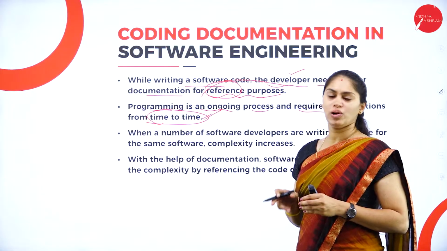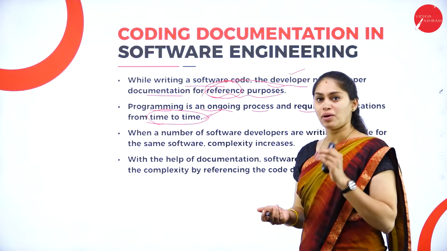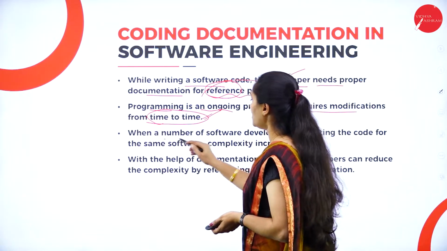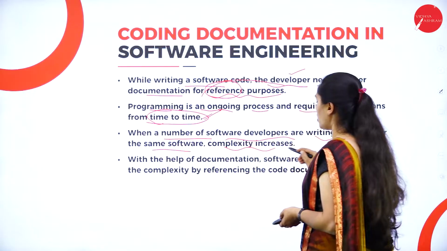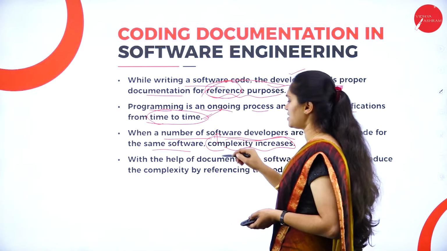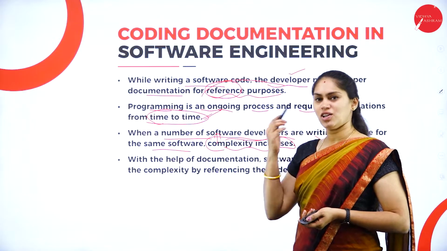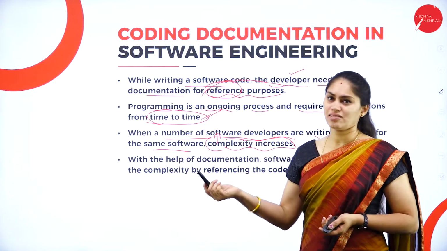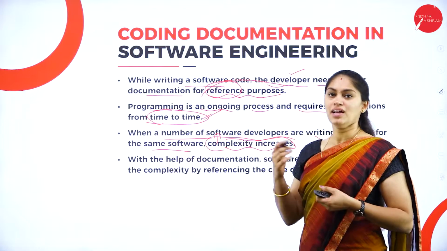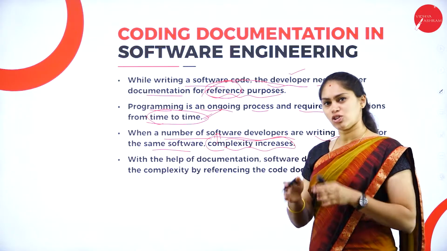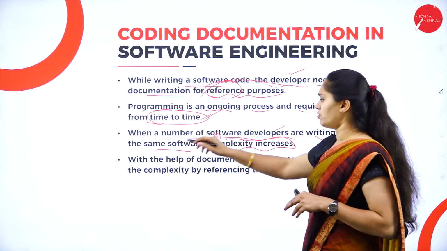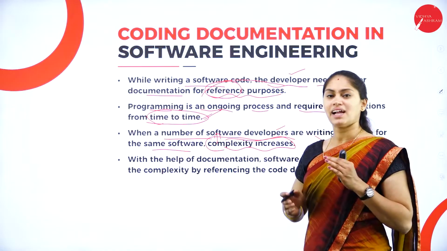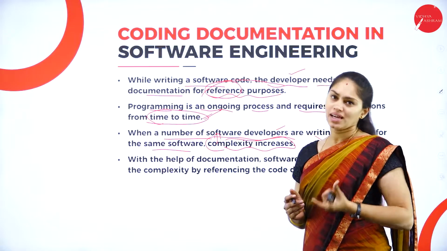Also, when a number of software developers are writing code for the same software, complexity increases. If my perspective of the software is different and another developer's perception is different, and all the developers are writing code for the same software problem, the complexity will increase.